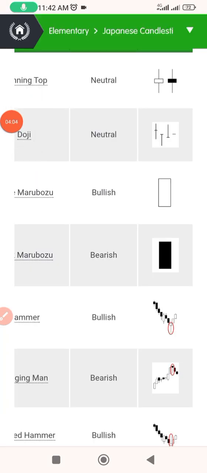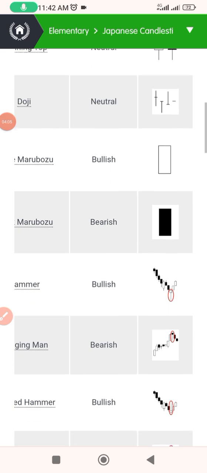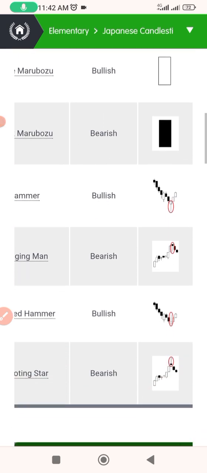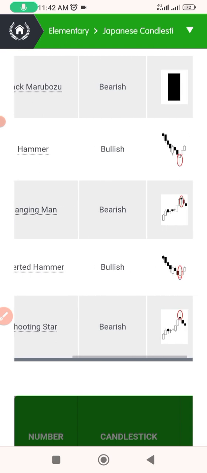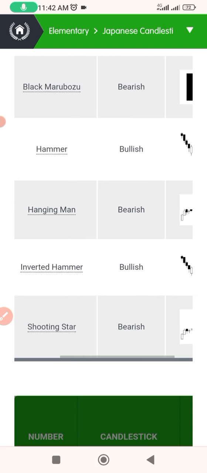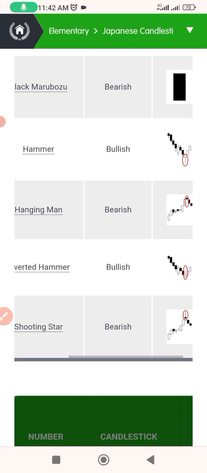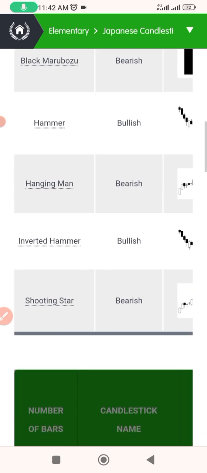All right, so when it pulls back, we are looking for a particular candlestick formation. So here are our candlesticks, and we want to look at one of these formations that should have formed before the market begins to reverse. It can be a hammer, it can be a hanging man. So let's go and confirm.